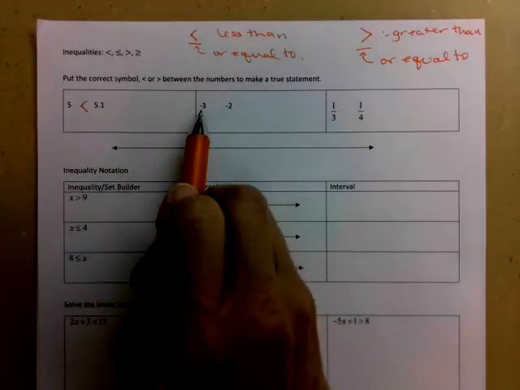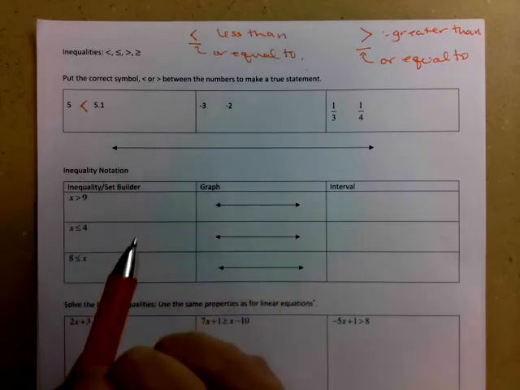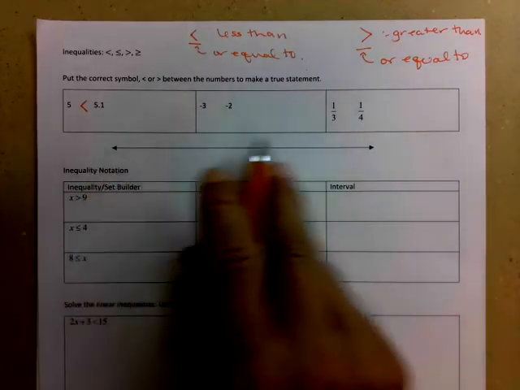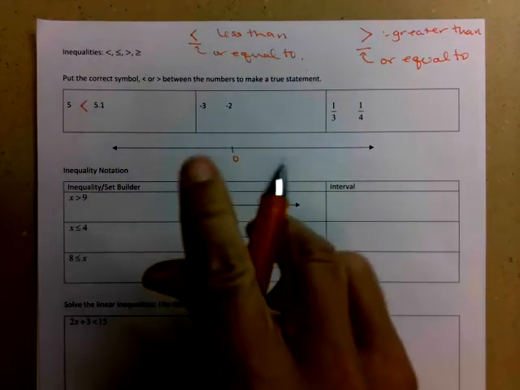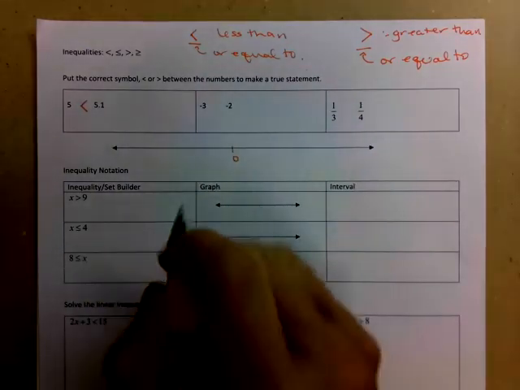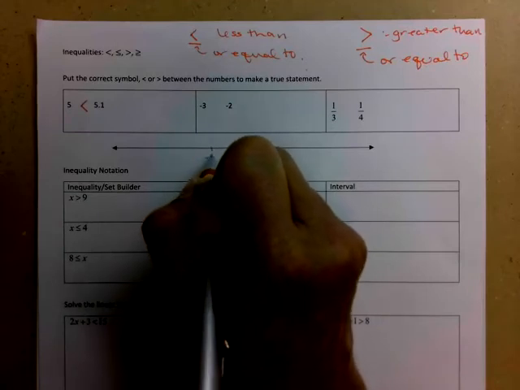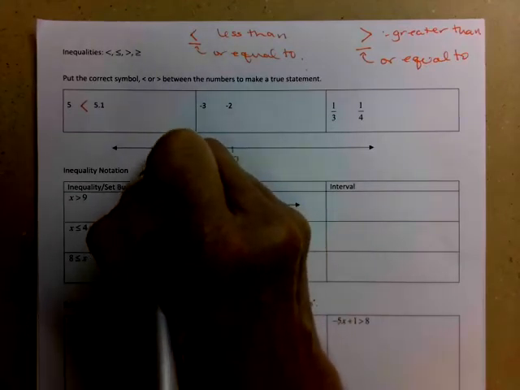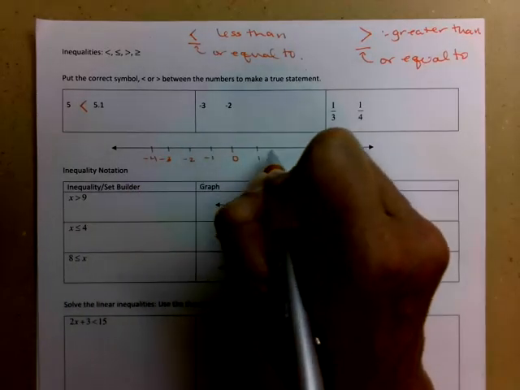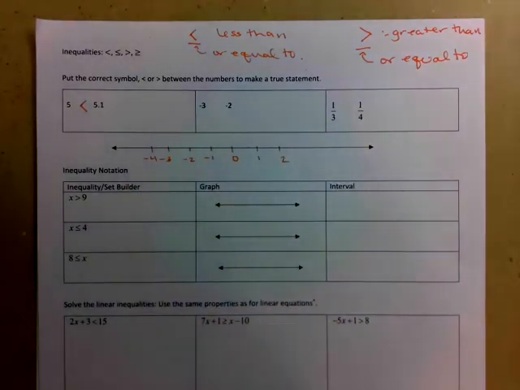All right, now -3 and -2. Negative numbers and inequalities can be challenging. So I have a number line right here. I'm going to put 0 in the middle just because I've got a couple of things that I'm going to use this for. And then I'm going to start marking off a little bit. I'm not going to go too far because I don't have that many numbers to deal with. In fact, that's enough.